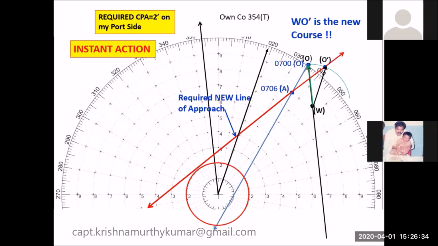Irfan, what are you reading? 019. Yeah. So the new course is 019. That means 6 degrees plus 19 degrees, I have to alter course by 25 degrees to starboard. By 25 degrees to starboard.